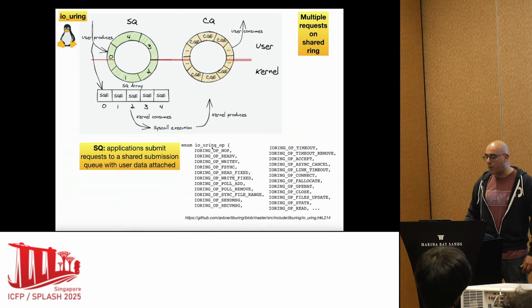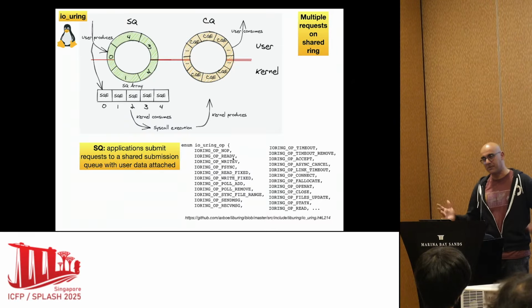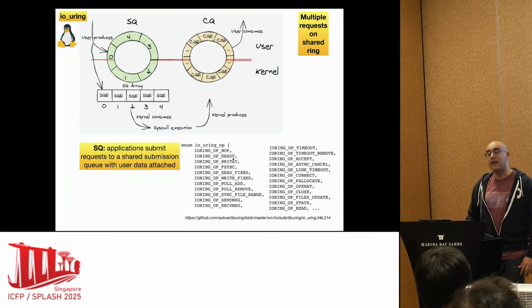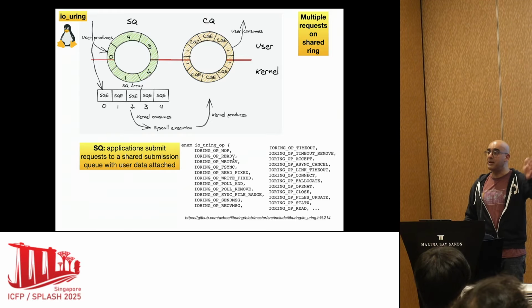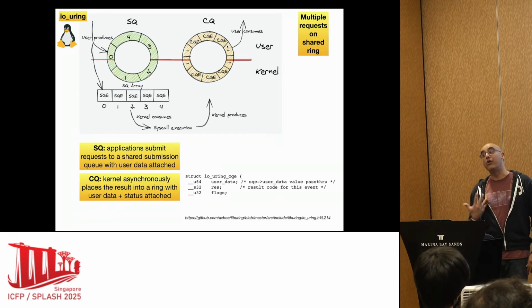The set of operations you write are just C-based operations, where in this example there's a full link, if you look at my slides later on, which shows you the kind of operations you write. You can read and write and poll and send messages and things. It's very similar to the syscall interface, but not entirely complete. Then you submit a whole bunch of these, and the kernel goes off and does the work, and asynchronously at some future point, and out of order, writes CQEs in, which are the responses.